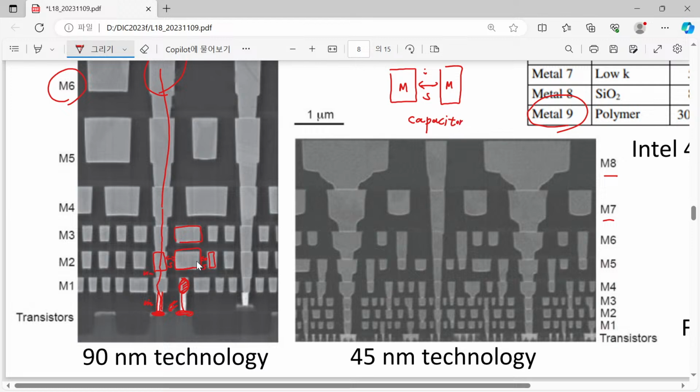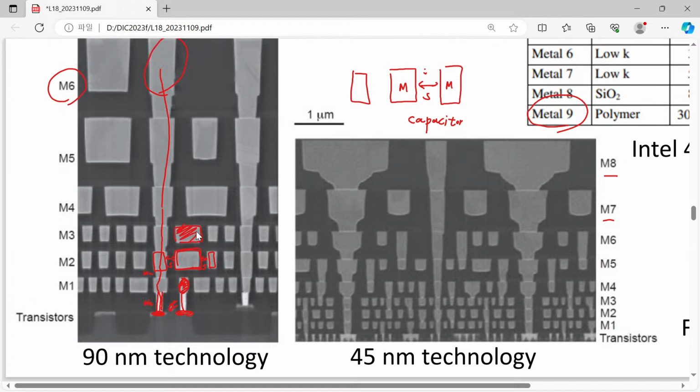The point is, it is surrounded by its neighbors. Not only this right one, but it has the left one, and also it has lower level and upper level neighbors. So all of them will contribute certain capacitances to this central metal line. So when we consider this metal line, we must consider two things.